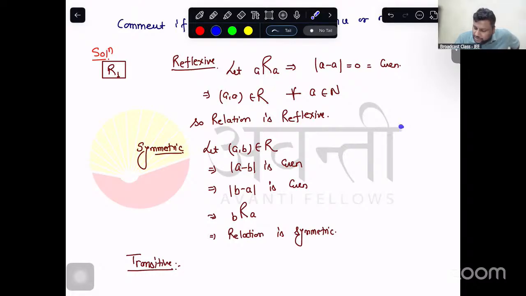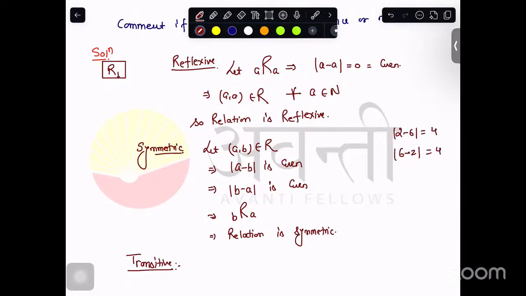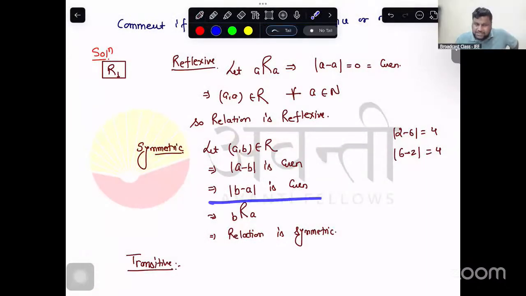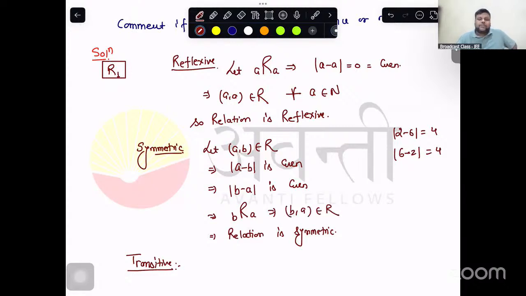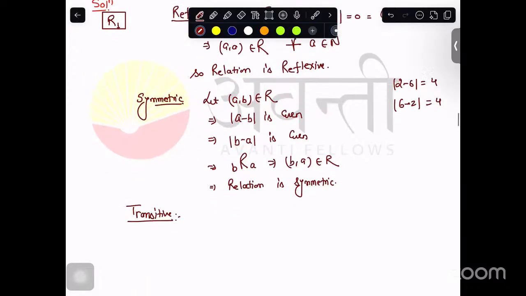Like you see, |2 minus 6| is 4. Then |6 minus 2| is also 4, no? So |B minus A| is also even. That means B is also related to A. You assumed (A, B) belongs to R. You proved (B, A) also belongs to R. That means the relation is symmetric. Am I clear?